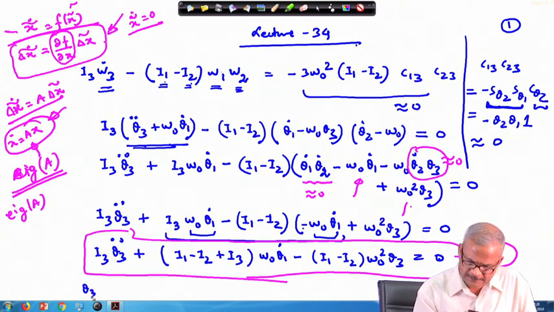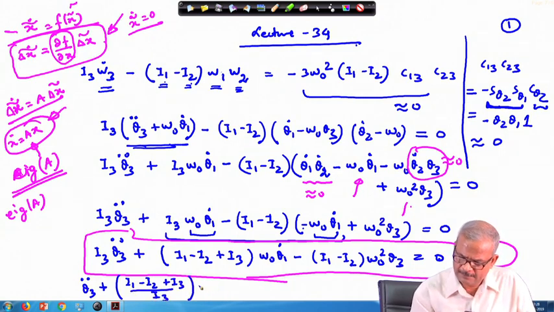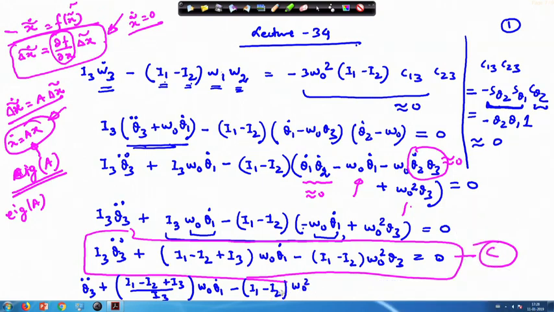Let us first write here theta 3 double dot equal to I 1 minus I 2 plus I 3 divided by I 3 theta 1 dot, I 1 minus I 2 times omega 0 square, and of course we have to divide by I 3, omega 0 square, this is in bracket, times theta 3, this equal to 0.